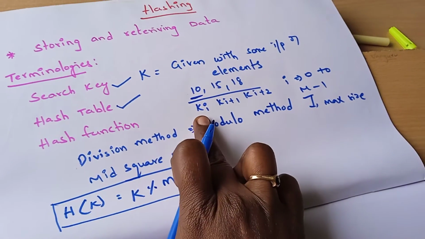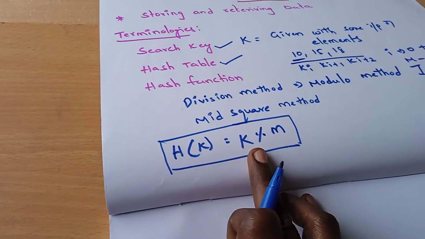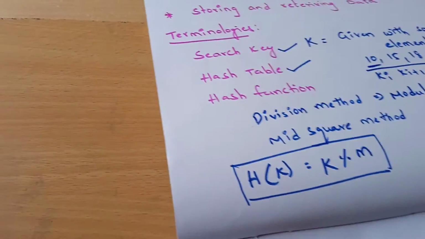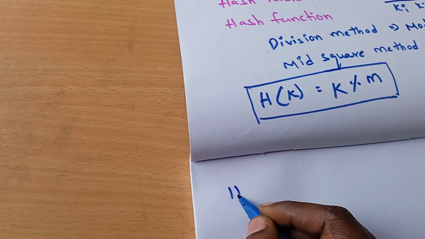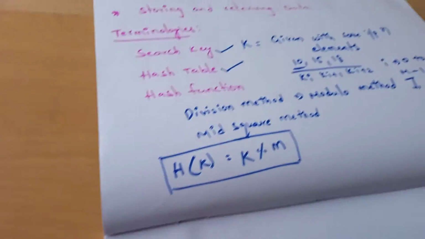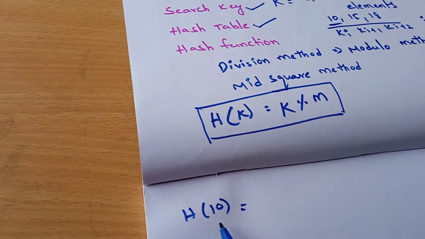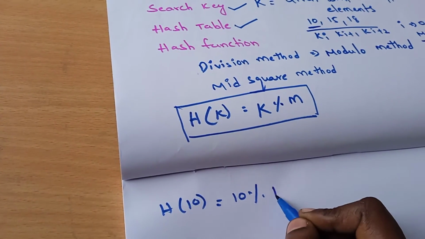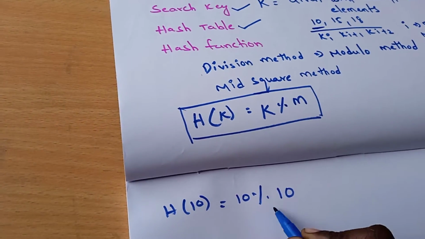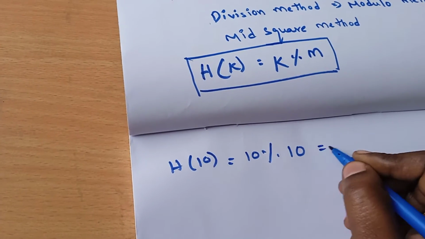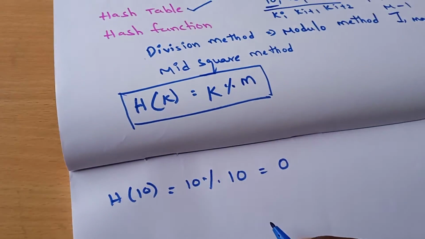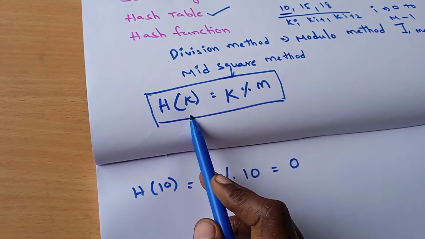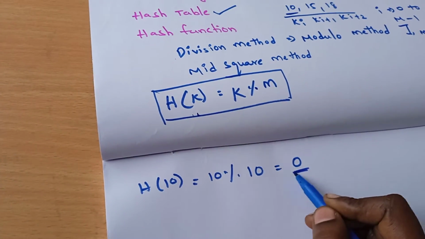Now what is this ki? Come here, k percentile m. Here we will be substituting. My first element is 10. Now h of 10 is equal to 10 percentile, and the maximum size I am taking as 10. So 10 percentile 10, the answer will be 0. Using the hash function, we got the 0 value.